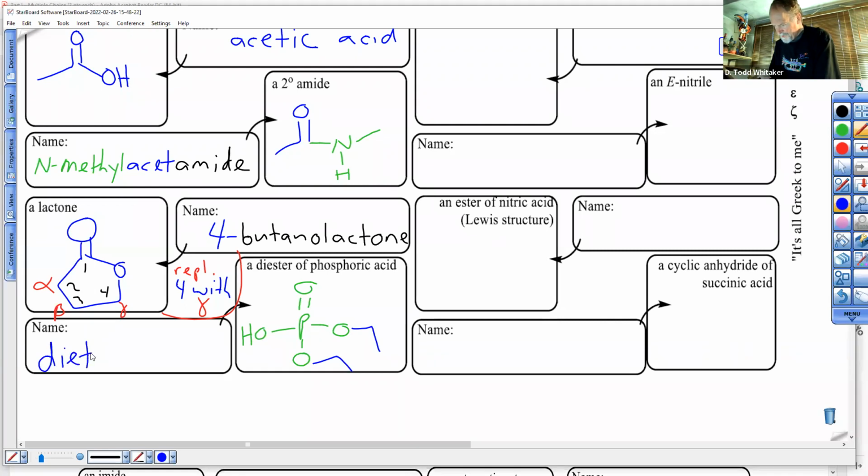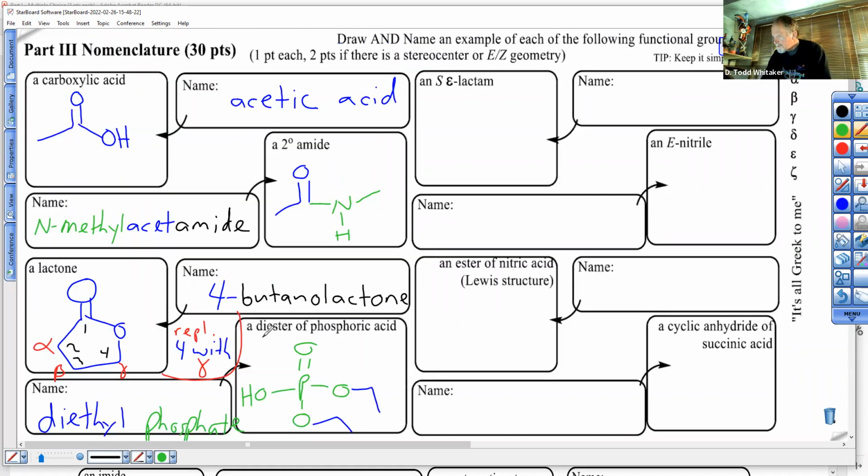Name the groups attached to the O's. Separate word, name the acid, but change its name from ic acid to ate. And if you made an O minus there, you'd have to say diethyl phosphate monobasic. And we don't want to add words. We want to keep it as simple as possible, right? There we go.